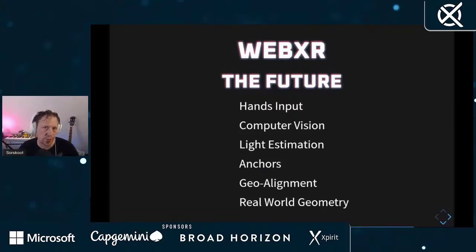And the last one, real-world geometry, is where right now you can detect a floor, you can detect a wall. There are some examples where you can visualize those as well, like the demos you see in ARKit and ARCore. But on an iPad, for example, with the LiDAR stuff that's going on, or with the HoloLens where you can detect your room, that is something that is coming in the future to WebXR as well.